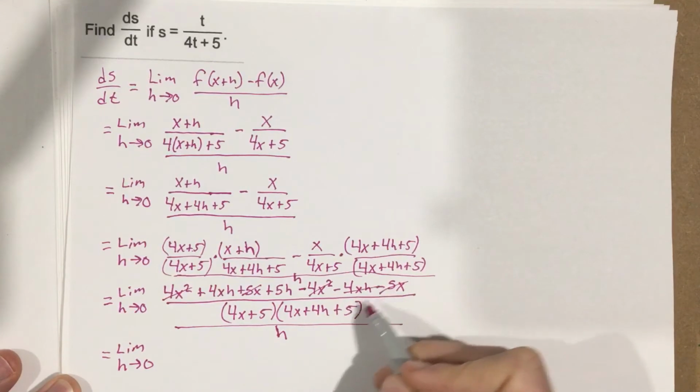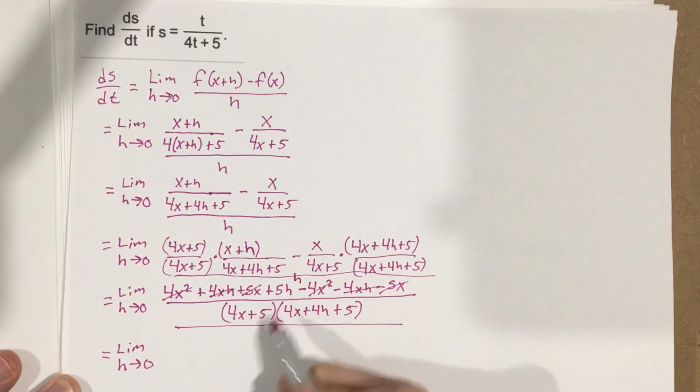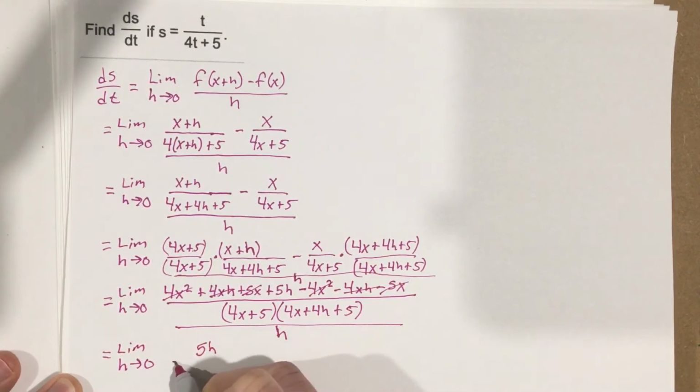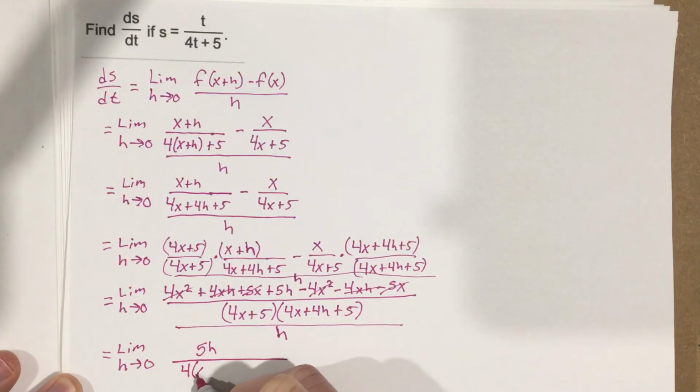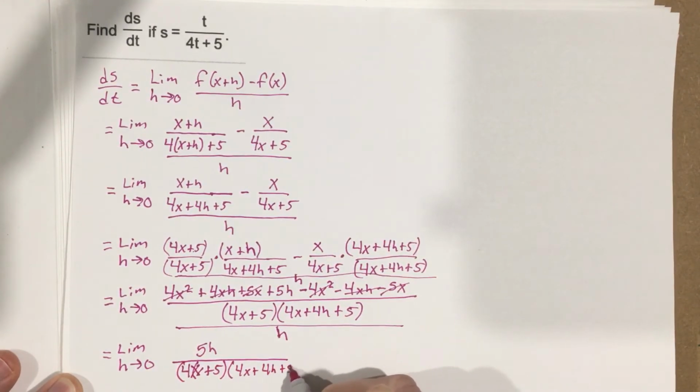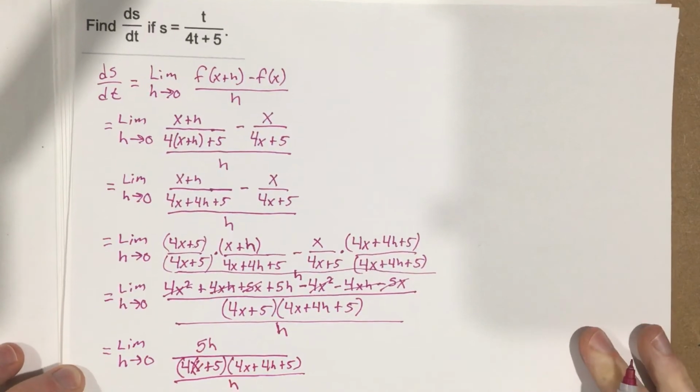The negative 4xh cancels the 4xh, and I'm just left with 5h over 4x plus 5 times 4x plus 4h plus 5, and that's still all over h.